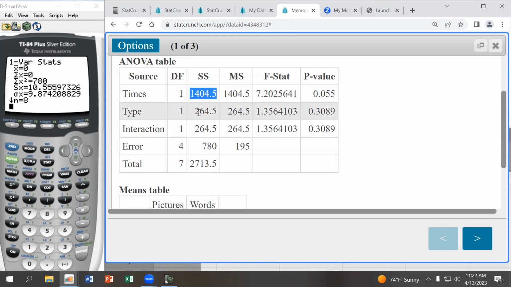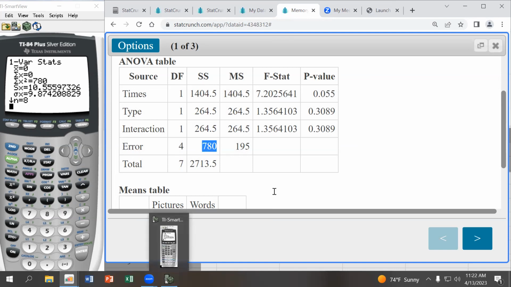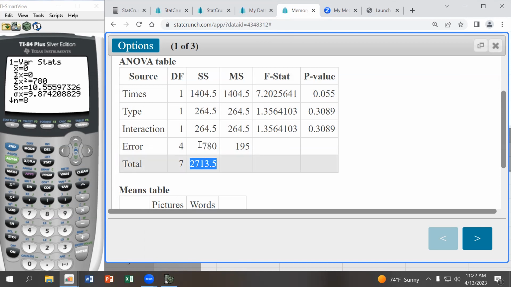And 1404.5, 264.5, 780. Take that sum away from 2713.5. You should get 264.5.